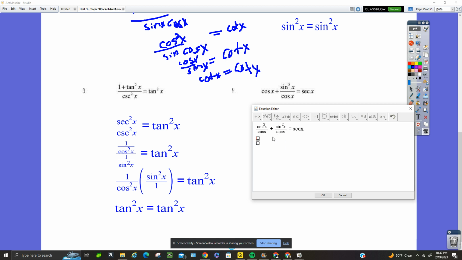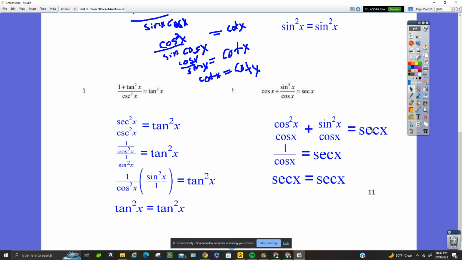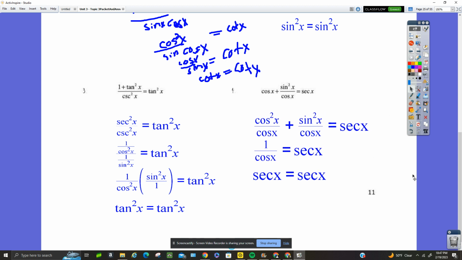So cosine squared plus sine squared is just 1 over cosine x equals secant x. So cosine squared plus sine squared is 1 over this common denominator cosine. So that's page 11.